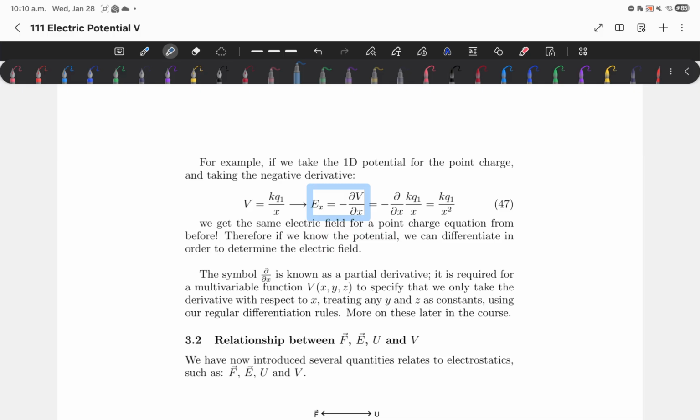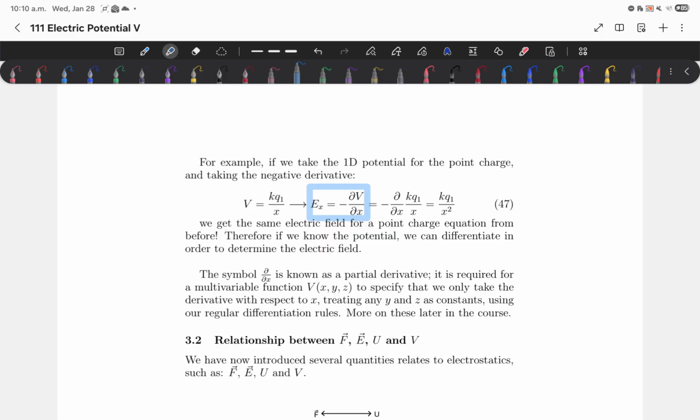Remember k and q are constants, so we can pull them out. This is just the derivative of 1 over x. We're left with kq over x squared, the same thing we had before, right? So you can go in both directions with your field and potential. If you know your potential, you can differentiate to find your field.